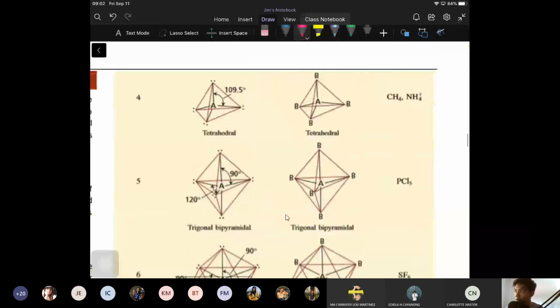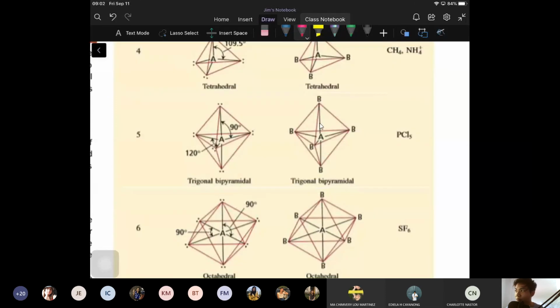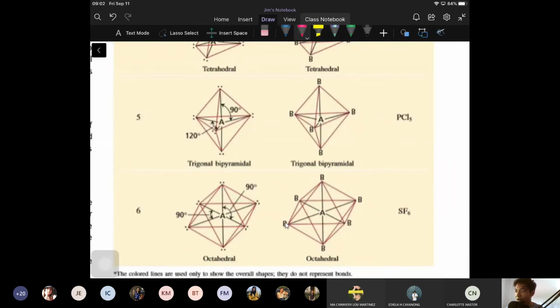If we have 4 electron groups, we will have tetrahedral geometry. If we have 5 electron groups, we have trigonal bipyramidal geometry. If we have 6 electron groups, we will have octahedral geometry. So yan, for familiarization na lang ng shapes.